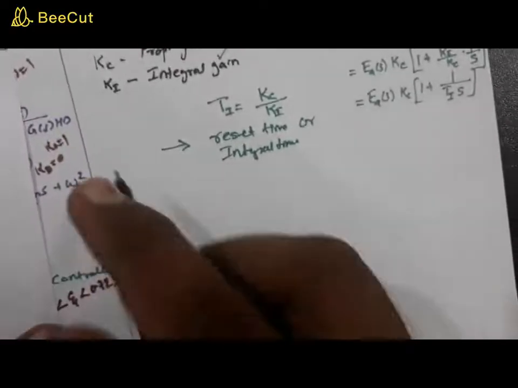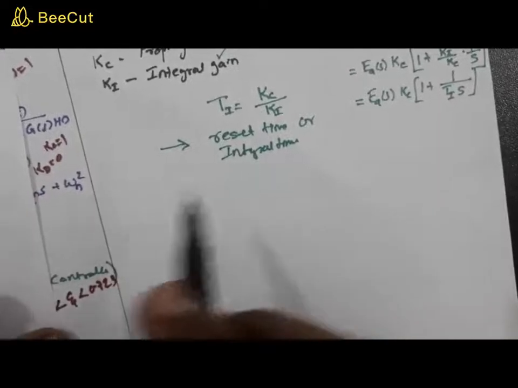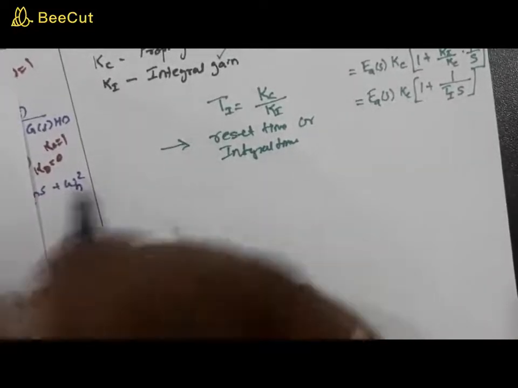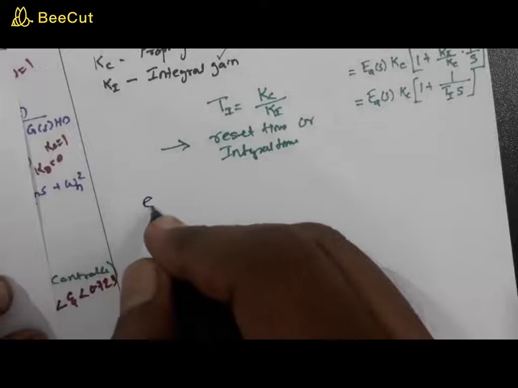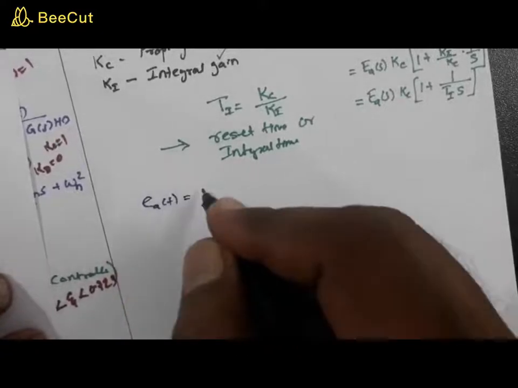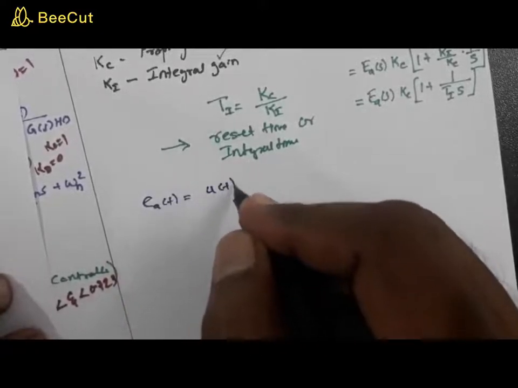So to give you a feel of how this proportional integral controller behaves, assume EA to be a step input. Assume that EA of t is a unit step signal, so let it be U of t.